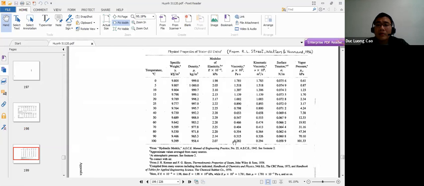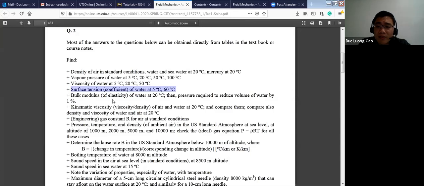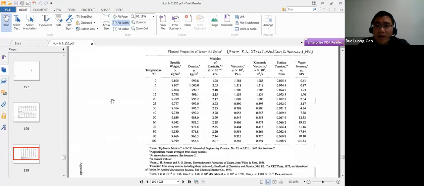But what is surface tension? Here, for example, it asks you to find surface tension of water at 5 and 60 Celsius. That's easy. At 60, you have surface tension here. That's easy. But what is surface tension?